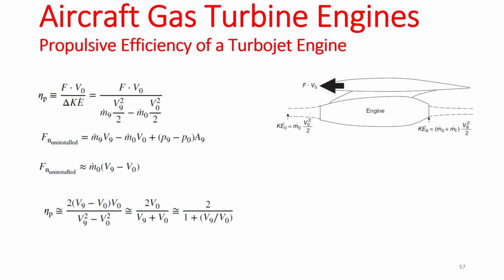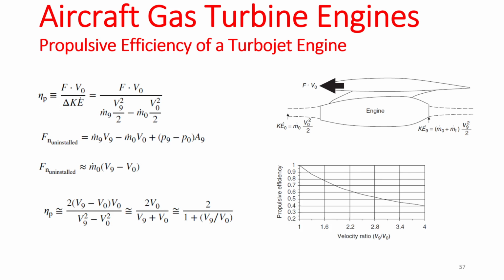So this shouldn't be anything new to you guys. And the relationship between the velocity ratio and the propulsive efficiency is shown in this plot. As you increase the velocity ratio, your propulsive efficiency is going to decrease. Okay.